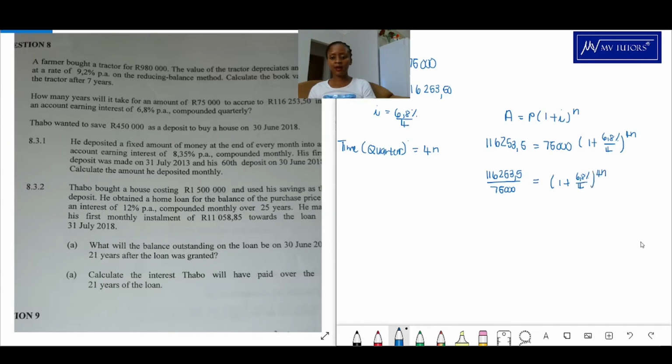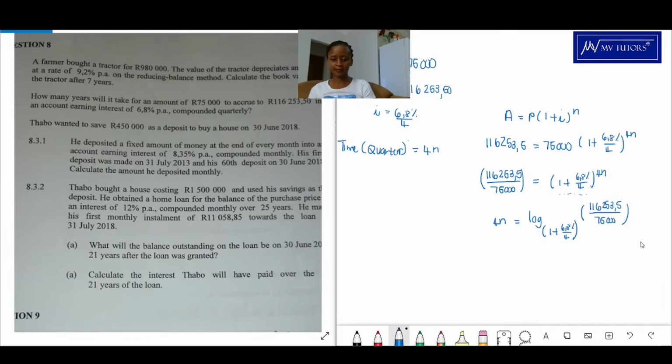So if I want 4n to be the subject of the formula, I have to use logs. This would be my base, so base 1 plus 6.8% over 4, and this is what I would write next to it: 116,253.5 all over 75,000.